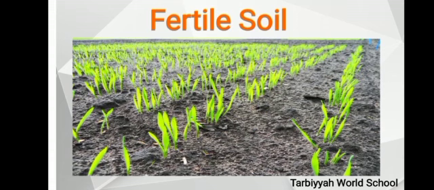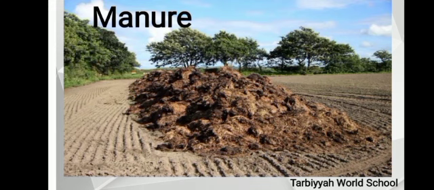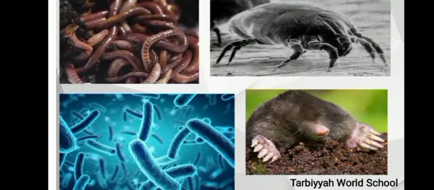We add manure to enhance the fertility of soil. Now what is manure? Manure is a mixture of animal dung and decaying leaves that contains a lot of nutrients. Some small animals such as worms, mites, bacteria or moles also help to make the soil fertile in their own ways.